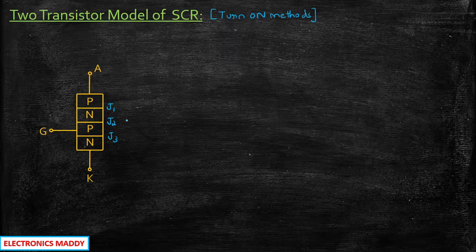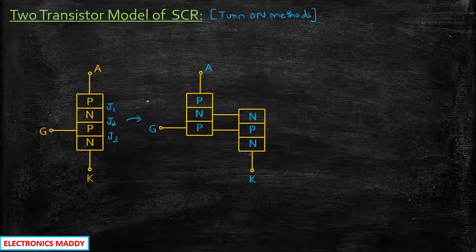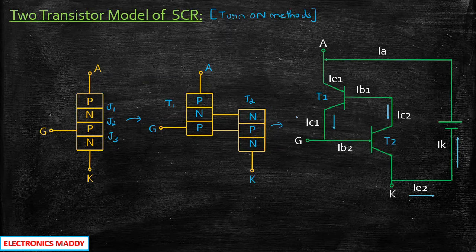So can this be written in this form? You have two transistors PNP and NPN connected back to back in this particular fashion. So basically this structure can be rewritten in this particular form, and I am going to consider this as T1 and this as T2. So this can be further rewritten as two transistors with respect to circuit diagram connected back to back in this particular fashion.